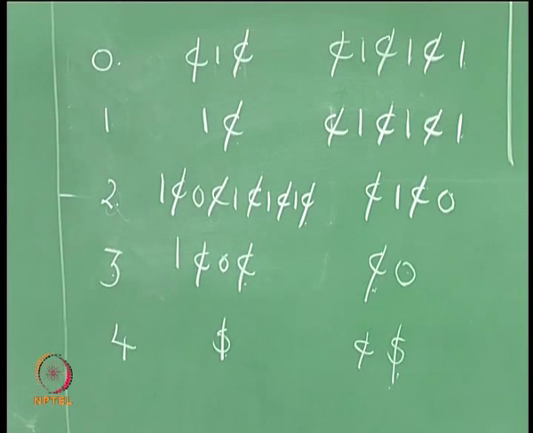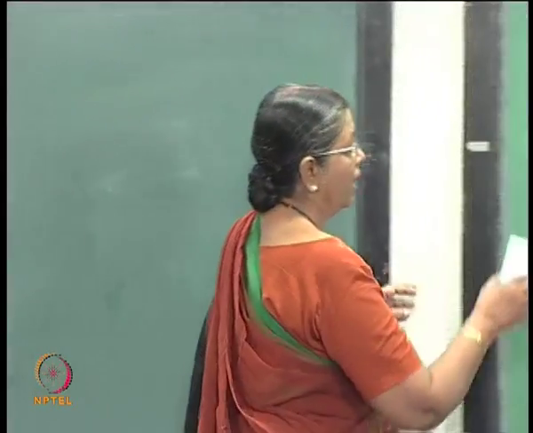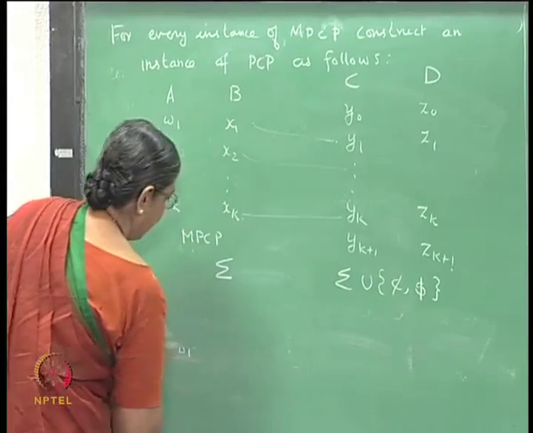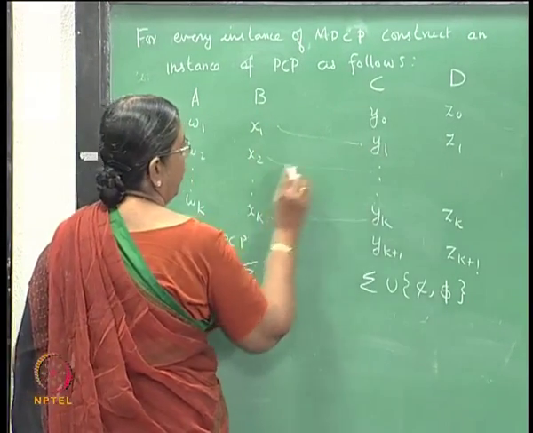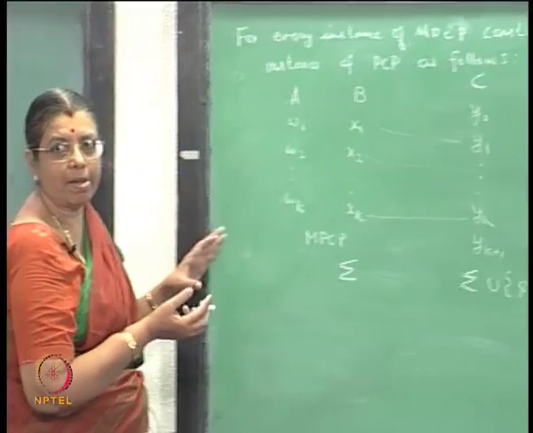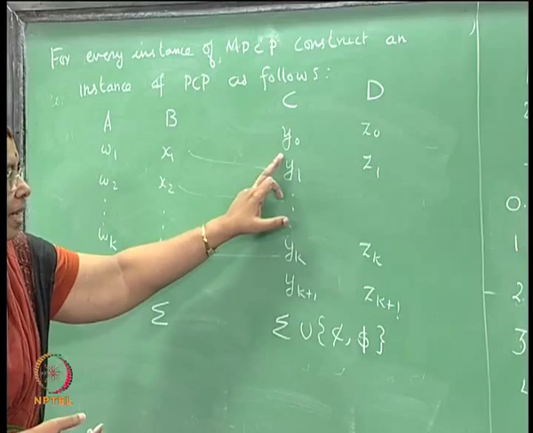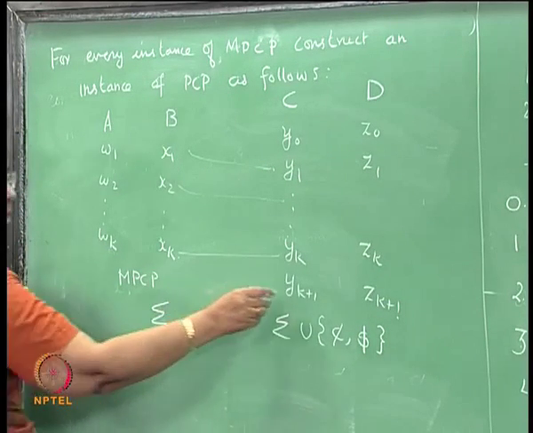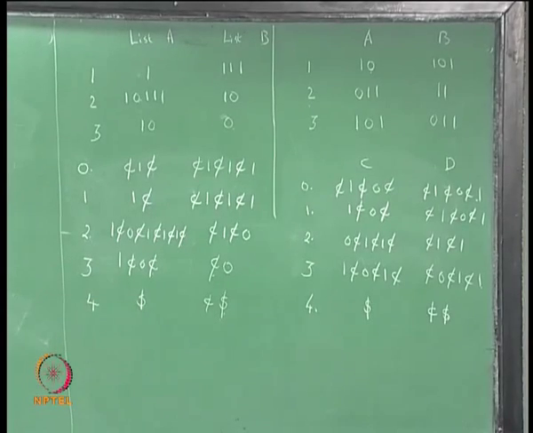Right. So, in general what happens is, from 2 lists A B, you have formed 2 lists C D. Corresponding to W1 X1, you got Y1 Z1 by writing the cent sign after each symbol here and before each symbol there. And Y k plus 1, Z k plus 1 is dollar, cent dollar.